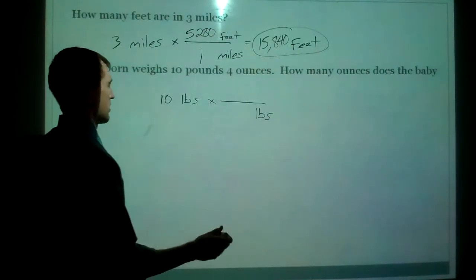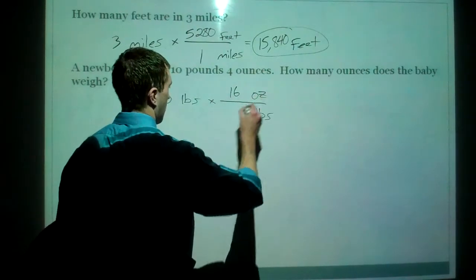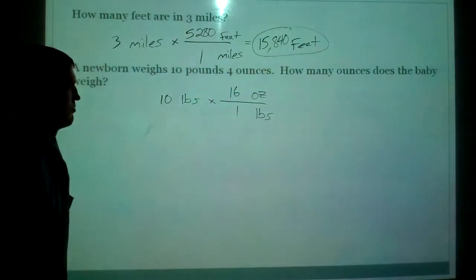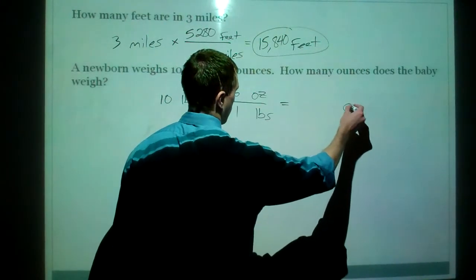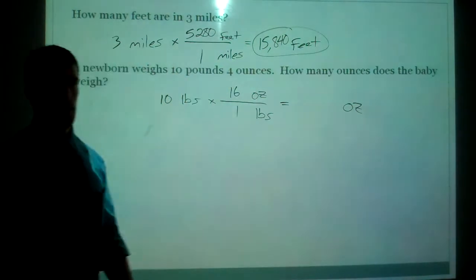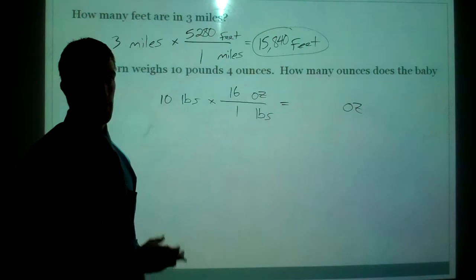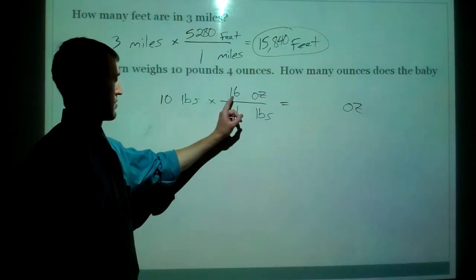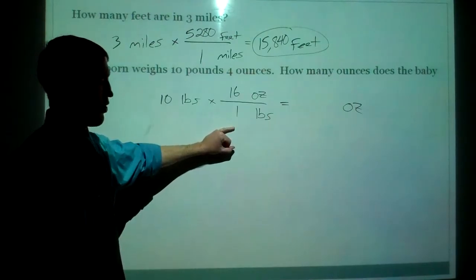Alright, so 16 ounces in 1 pound. We wanted to end with ounces. And we know that we're okay because we have ounces on the top here. Alright, once again, multiply by anything on the top. 10 times 16 divided by 1. Don't need to really divide by the 1.